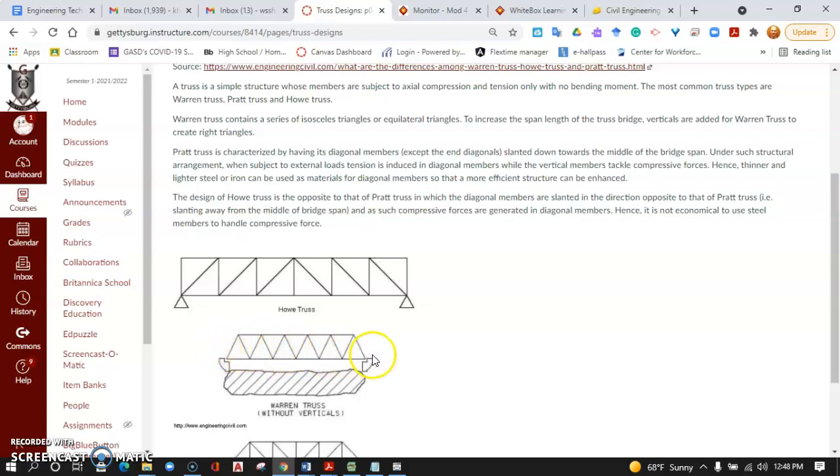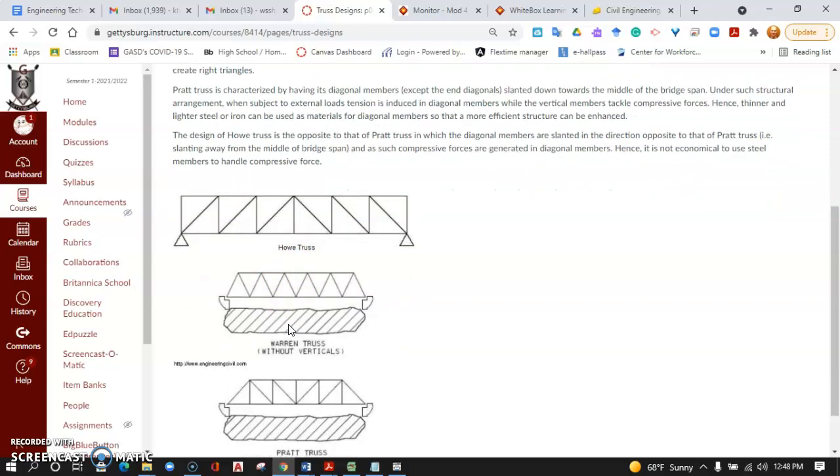If a Warren truss is used in a longer span, you may see these equilateral triangles bisected with a vertical member coming down between the two of them. And that allows us to make for a longer span with our truss.